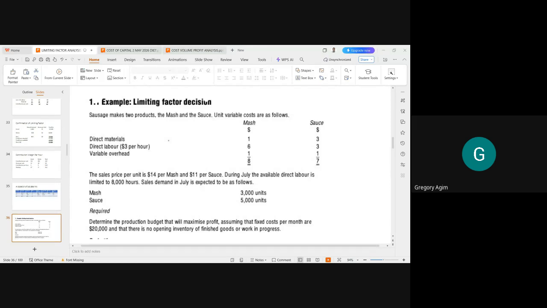Sales demand in July is expected to be as follows: mash 3,000 units, sauce 5,000 units. Required: determine the production budget that will maximize profit, assuming that fixed costs per month are $20,000 and that there is no opening inventory of finished goods or work in progress.